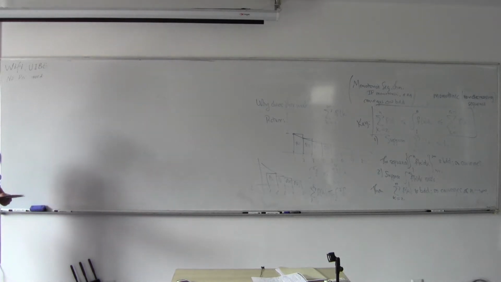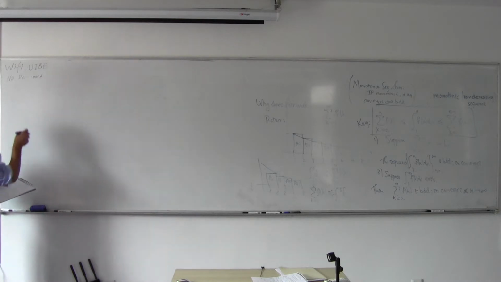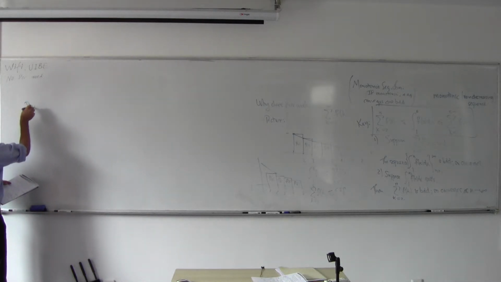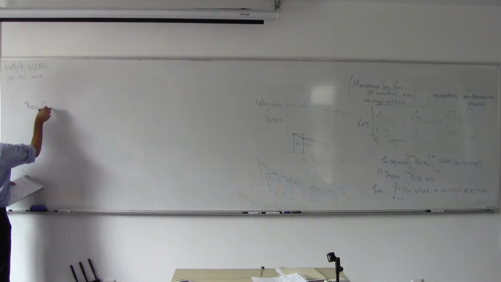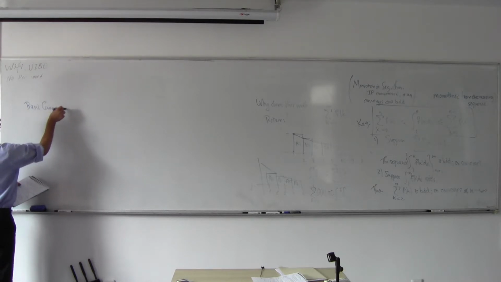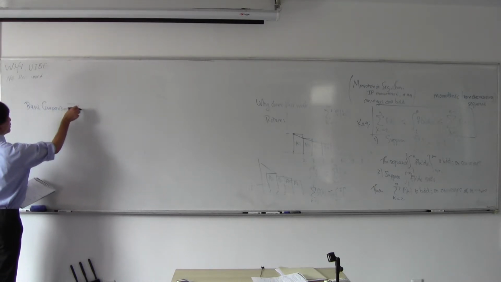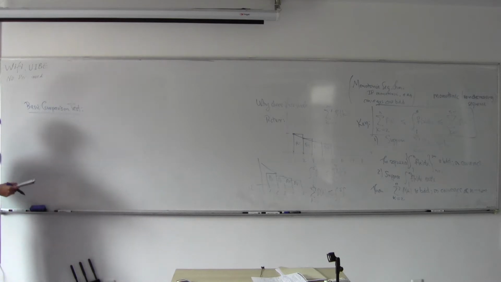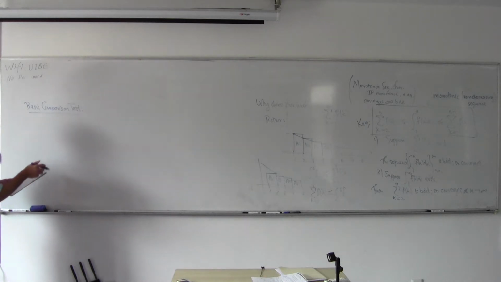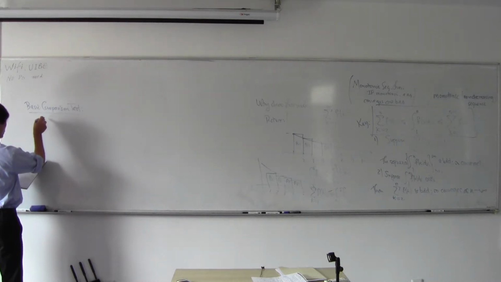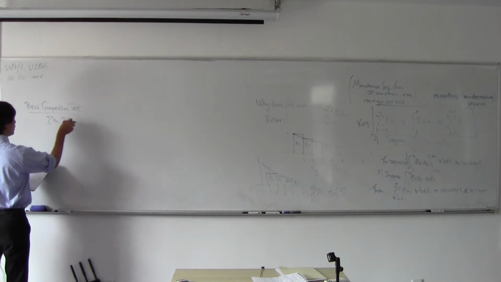Maybe I should have done the following test first. There's something called the basic comparison test. Actually, maybe doing this one first would have made more sense. So you have A sub n, B sub n.